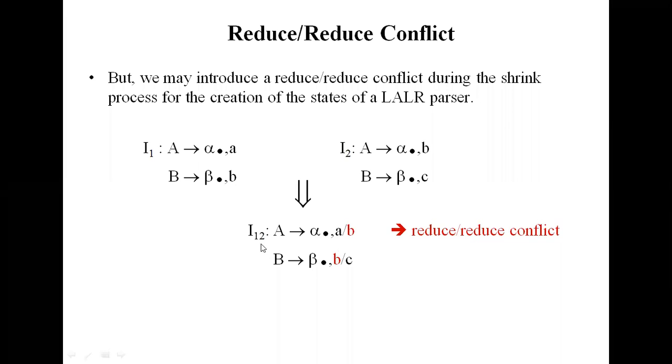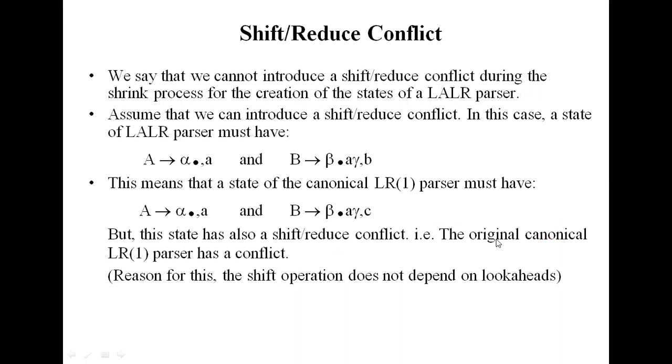So when we consider the follow of A for this and the follow of B for this, in both lookaheads we have the terminal B. So in such conditions we get a reduce conflict. And when the LALR parser merges the states like that, the process does not produce shift-reduce conflicts. Make a note of this.